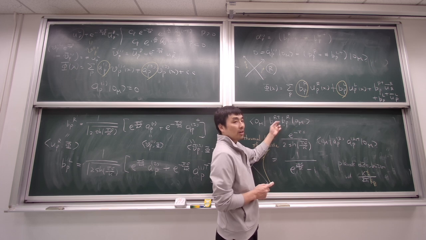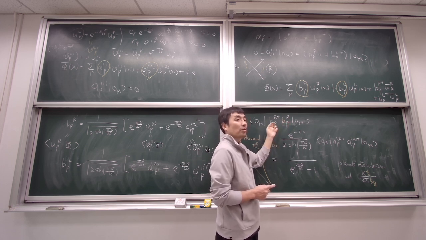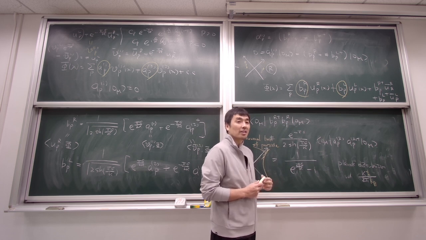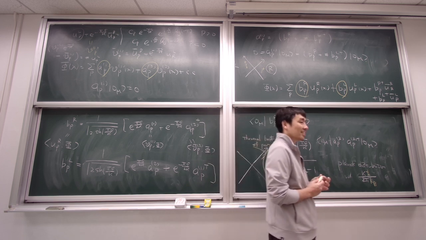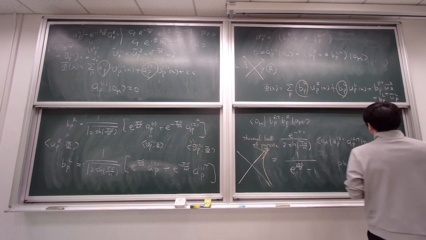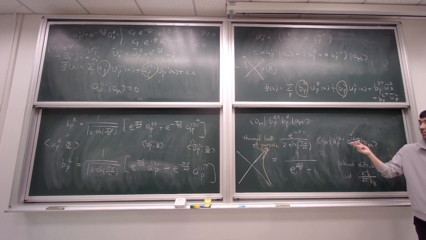So this is the numbering operator. This numbering operator is the numbering operator of what? Essentially this distribution is created by this creation and annihilation operator. This creation operator creates what kind of particle?